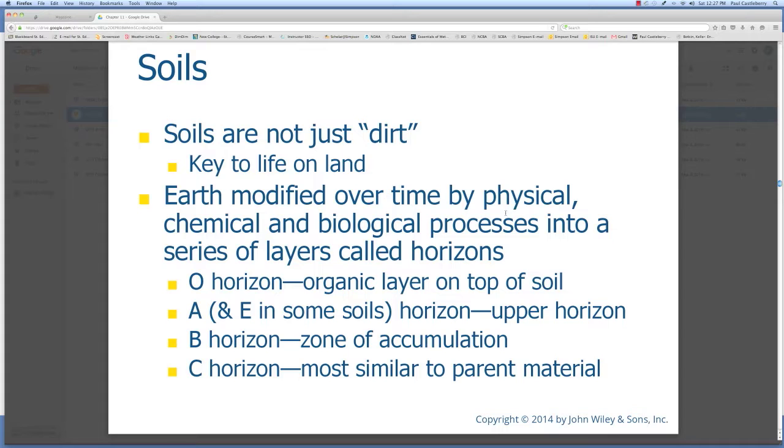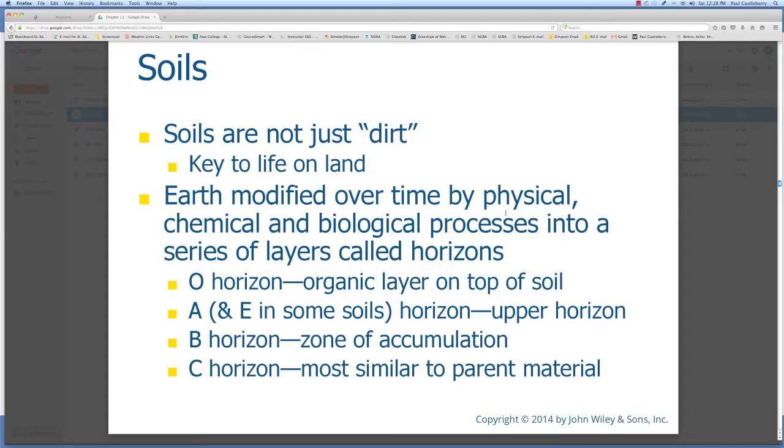Now, soils are key to life on land. Soils actually house the macro and micronutrients that we talked about, and the microbial and biological life that occurs. We talked back in the biogeochemical cycles in Chapter 7 about nitrogen. 79% of air is made up of diatomic nitrogen, N2. But diatomic nitrogen by itself cannot be used by crops.